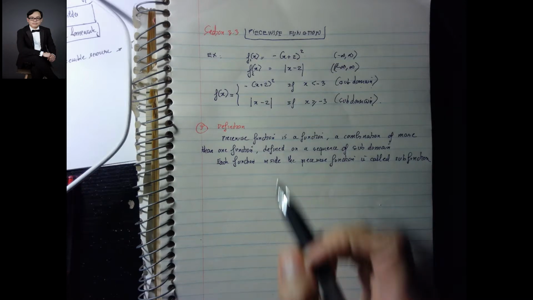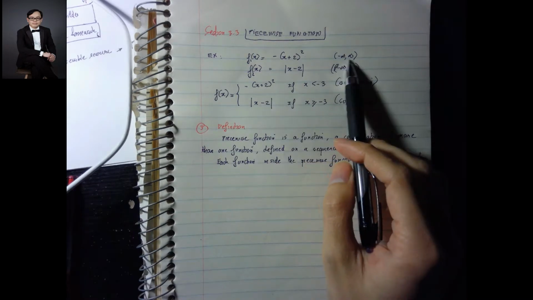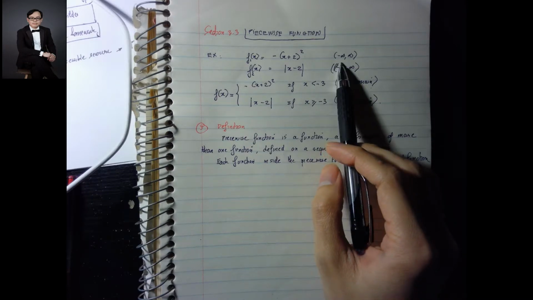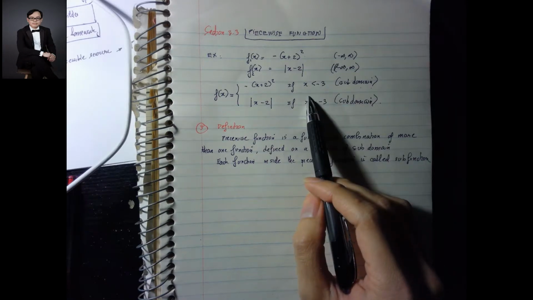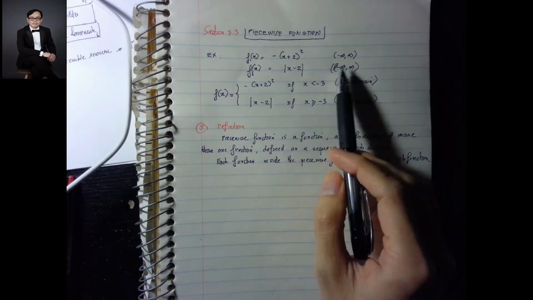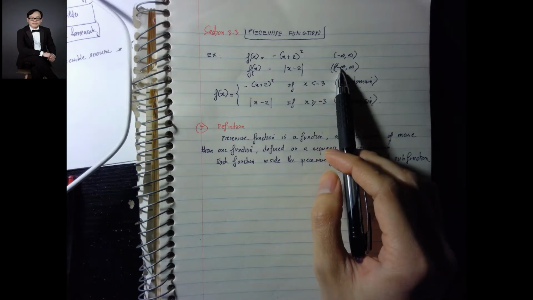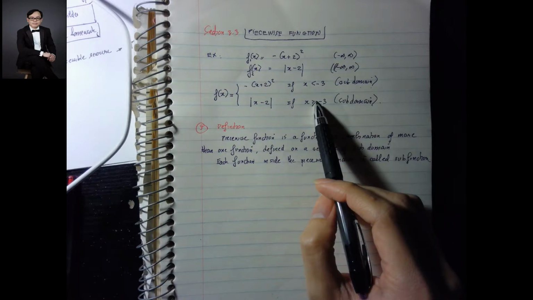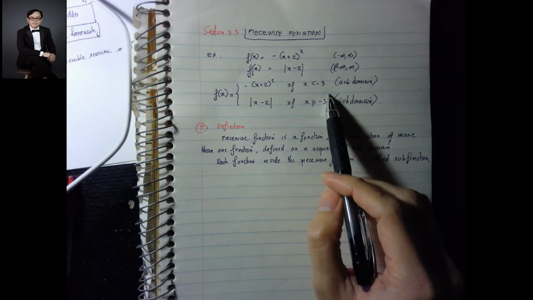However, the piecewise function is not defined on negative infinity to positive infinity, but on a subdomain of it. In this case, it is the interval from negative infinity to negative 3.